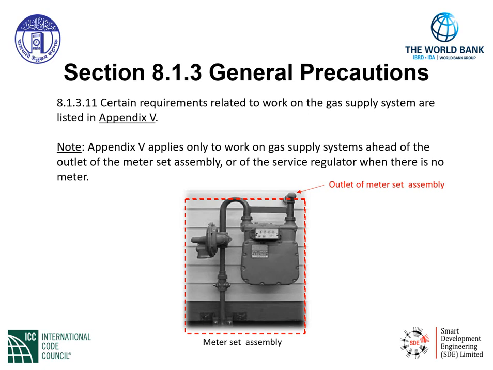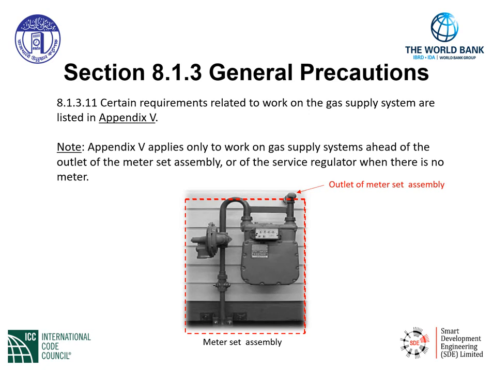As seen here in this particular section, certain requirements related to work on the gas supply system are listed in Appendix V. A particular note when you reference Appendix V is that it only applies to work on gas supply systems ahead of the outlet of the meter set assembly or of the service regulator where there is no meter.